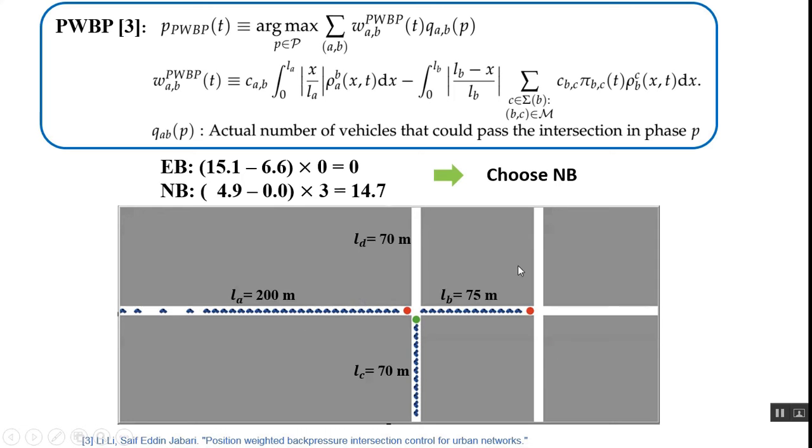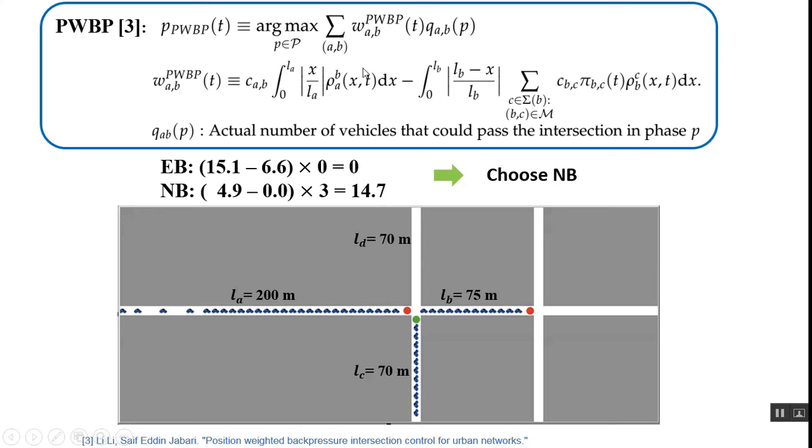This example is the same example from the two previous examples. We have eastbound here. The omega AB is equal to this part. We didn't list the detailed location of each vehicle, but we list the final result here.